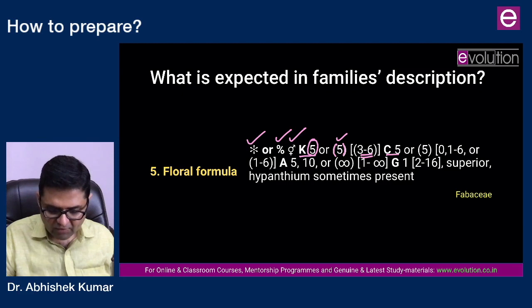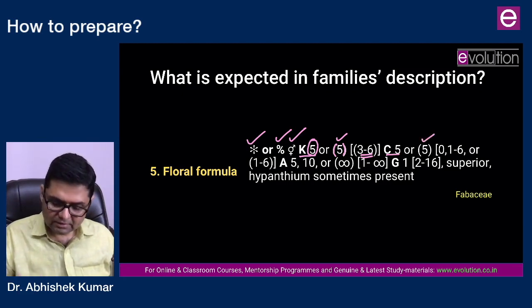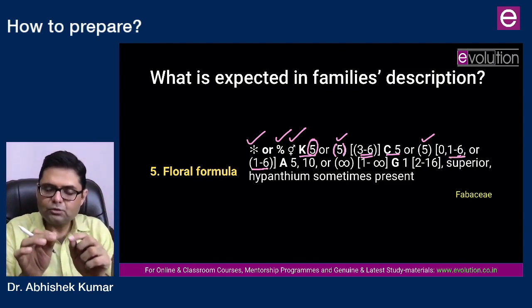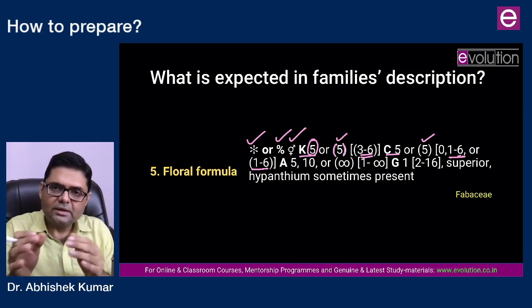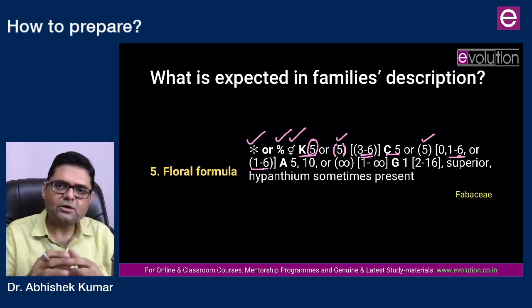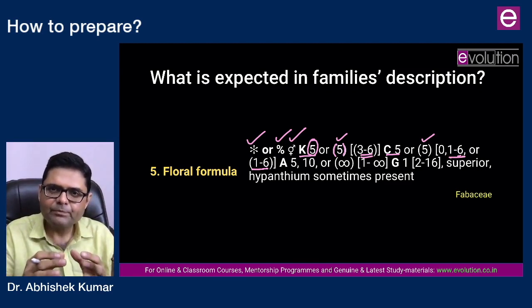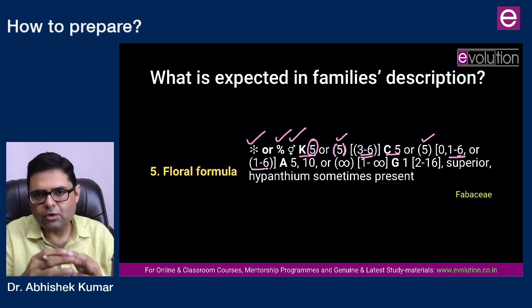Then calyx 5 free or 5 united, and then these are the range. Very rarely 0, 1 to 6 free or 1 to 6 united. So that is how you go one after one, including every aspect of floral description within the floral formula.